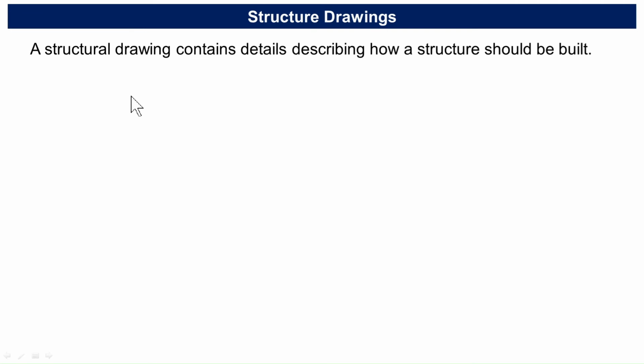Now, we will talk about structure drawings. First of all, we should know what a structure drawing means. A structure drawing contains details describing how a structure should be built. What is the information in the structure drawing?